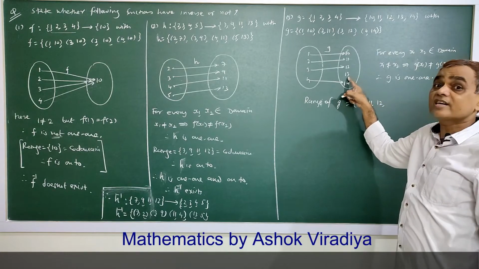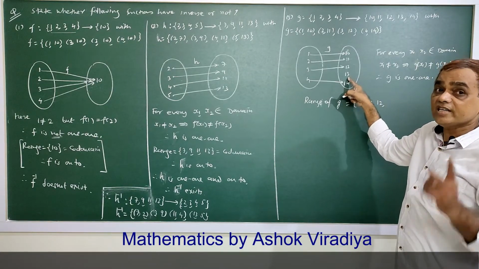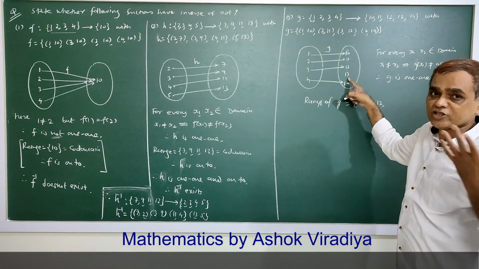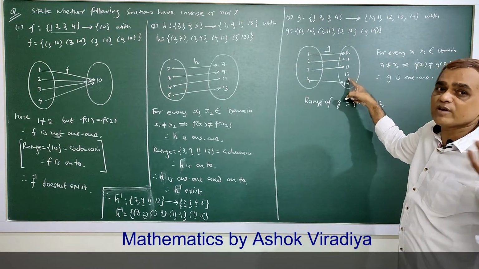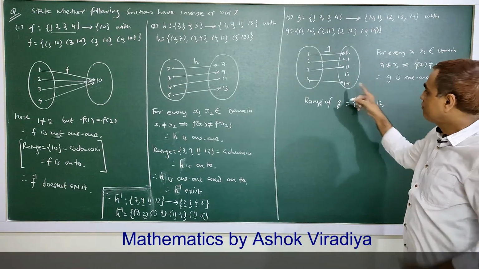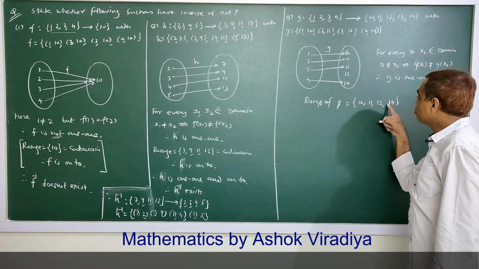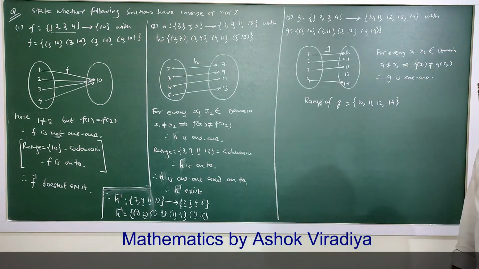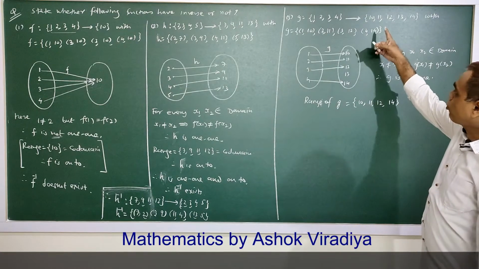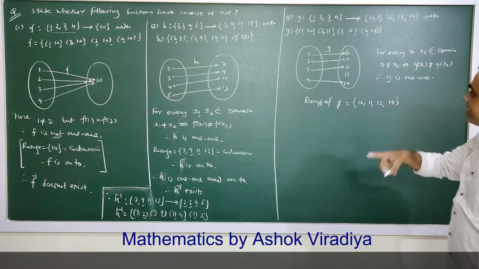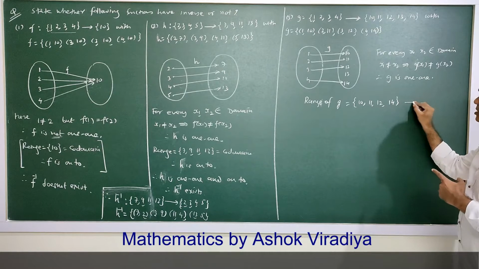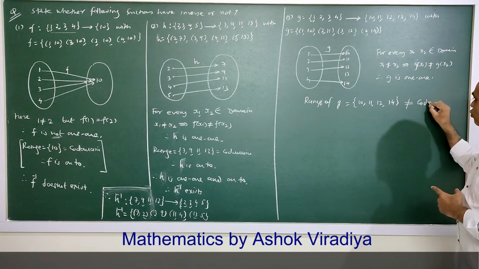See, range doesn't contain 13. 13 is in the codomain but not in the range because it is not the image of anyone. While the codomain contains 13, so the range is not equal to the codomain.